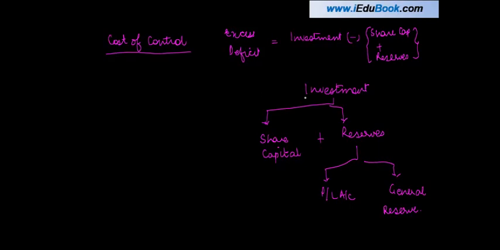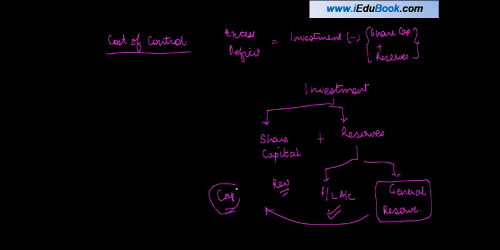Right? So when you are told that you have a general reserve balance in the books of accounts, it becomes important, just like in the case of profit and loss account, to ascertain whether this general reserve is a capital reserve or a revenue reserve. The significance of these two lies in the fact that if it is a capital reserve, it is considered for my cost of control.